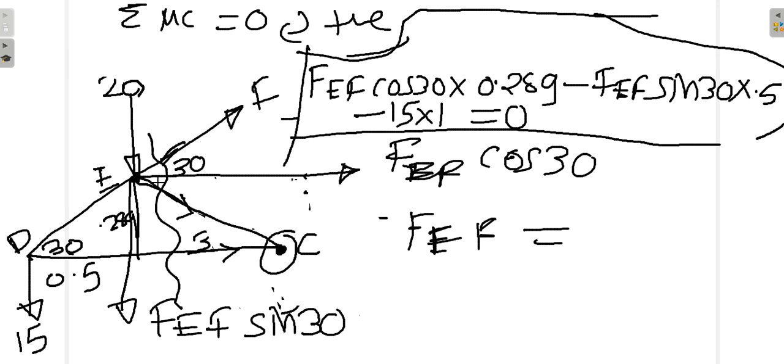This 20 kilonewton also will have to be taken a moment, I think I have missed.